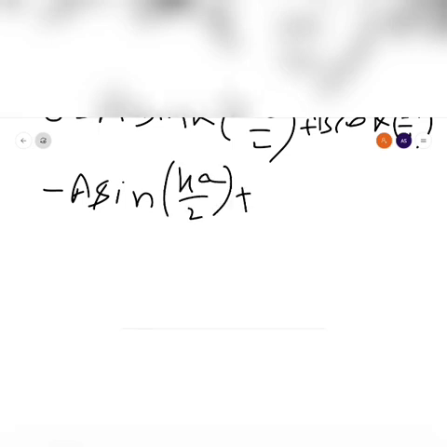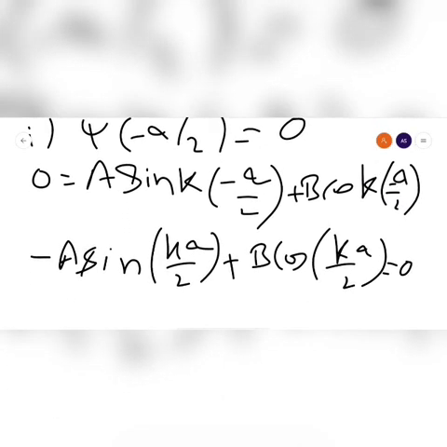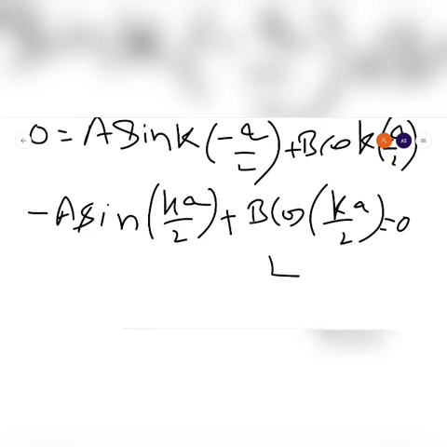It means that you can write this relation like that: minus A sin ka by 2 plus B cos ka by 2 is equal to 0. Let this be equation number 2.